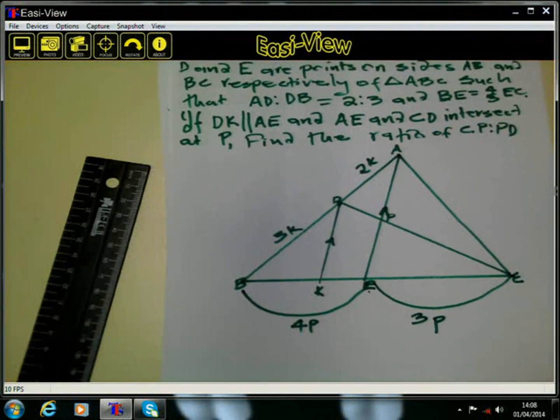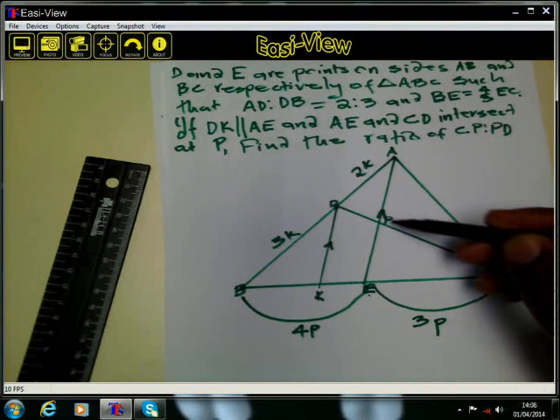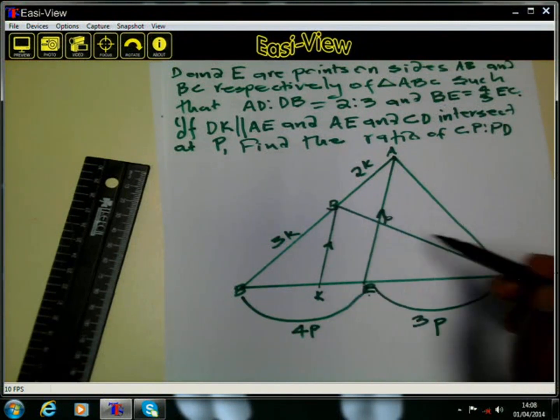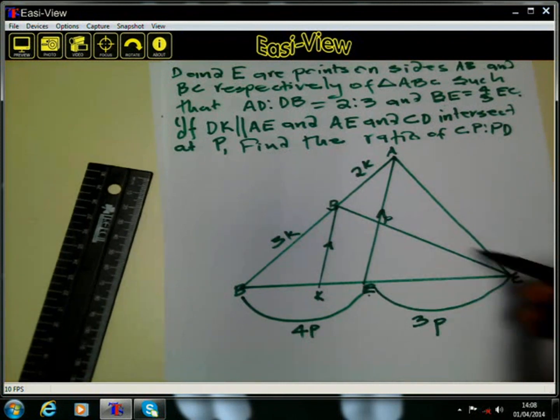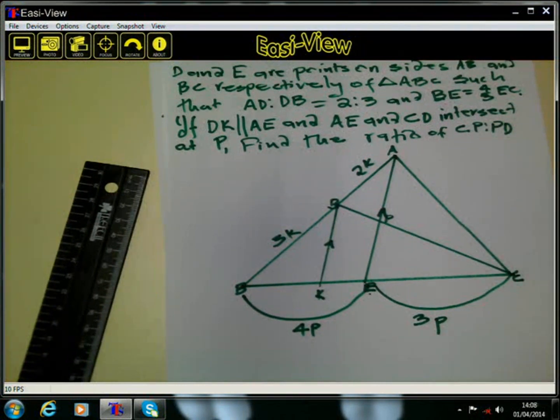Fine. What is the question? The question is, we must find the ratio CP to PD. Remember, this is where D is. CP over PD. Obviously, this is the side of a triangle, which must be related to another triangle that we are going to look at.